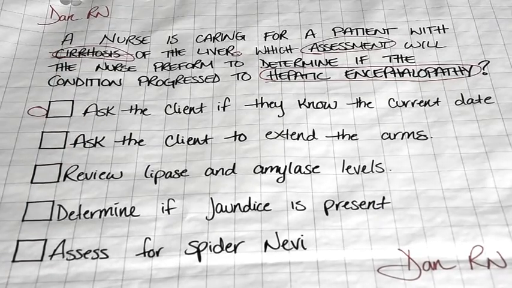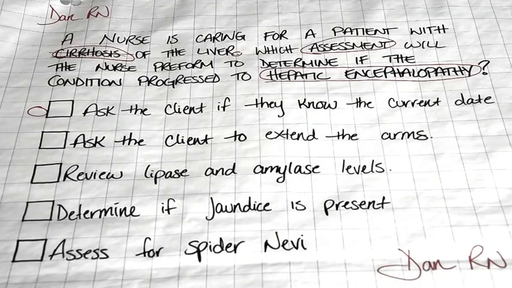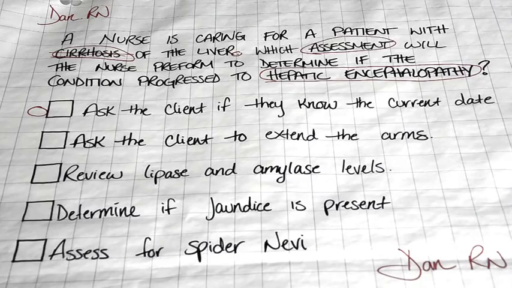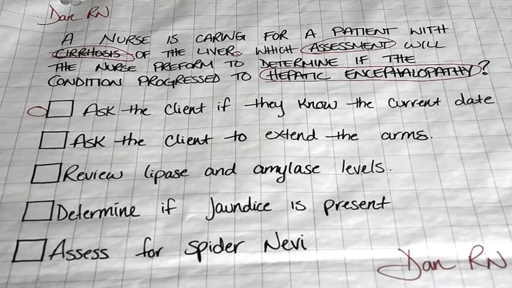The second option says, ask the client to extend the arms. Why would we be asking the client to extend the arms? If the patient is exhibiting hepatic encephalopathy, another characteristic would be asterixis of the hands. Asterixis of the hands is a fluttering movement of the palms when the client extends their hands.